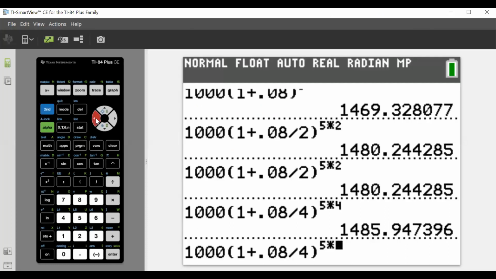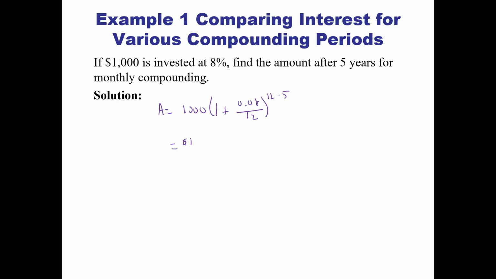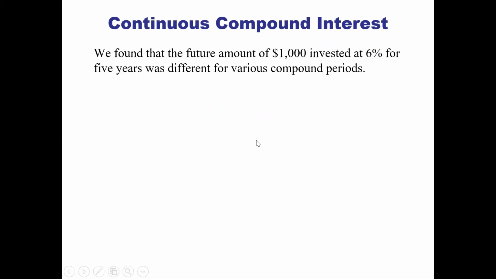And so now instead of a 4, we have a 12. And then we put it in parentheses, and that's going to be 12. And so we should get 1489.85 for monthly.